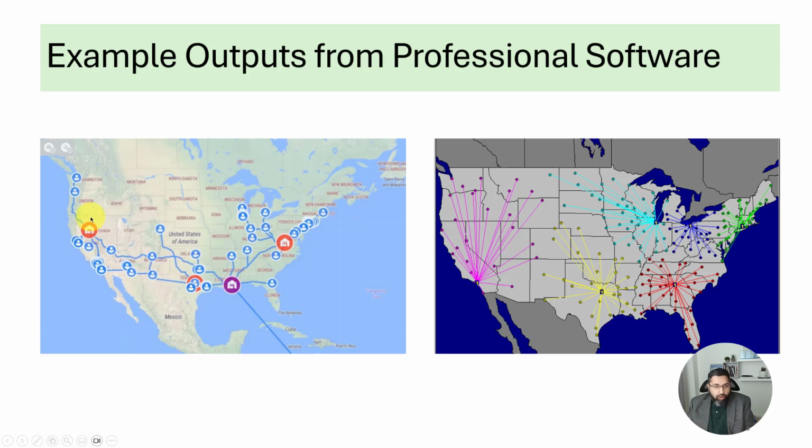On the left is a map of the United States with the states labeled with their names. That is one of the outputs of AnyLogistix. It also gives you outputs in tabular form, looking at cost and how much stuff is flowing. You can see that the purple warehouse is where material comes in from overseas, and that becomes like a national distribution center.